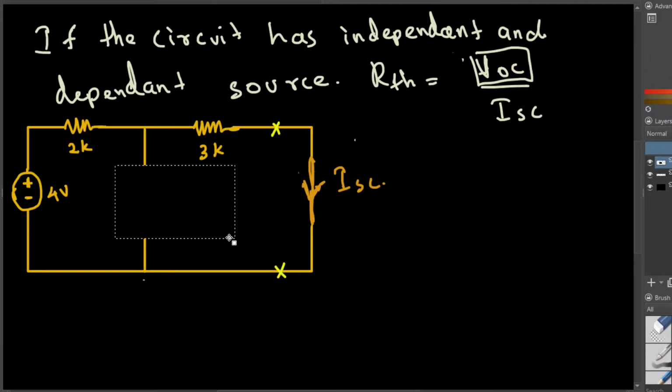Okay, now we have one loop circuit. And whenever we have one loop circuit, what comes into your mind? KVL, because KVL says summation of voltage in a loop is equal to 0. So I'm going to just apply KVL right here.